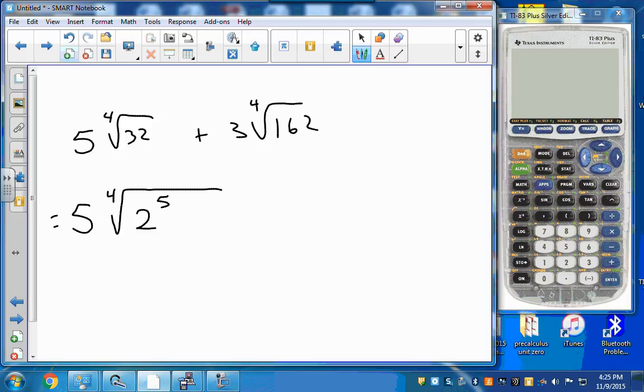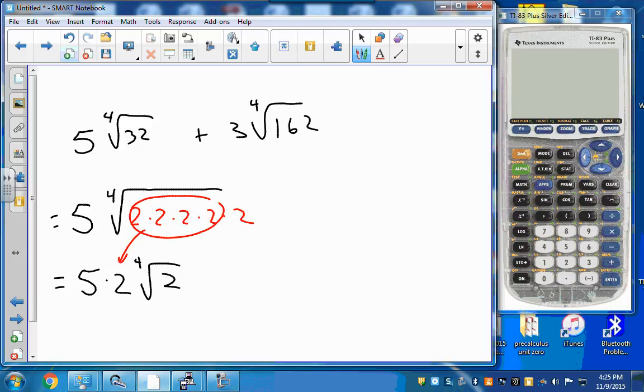So this will clean up as 5 times 2, 4th roots of 2. Again, what I did was I realized 32 was 2 by 2 by 2 by 2 by 2. There's a group of 4 that came out front. Okay, so that takes care of the first term.